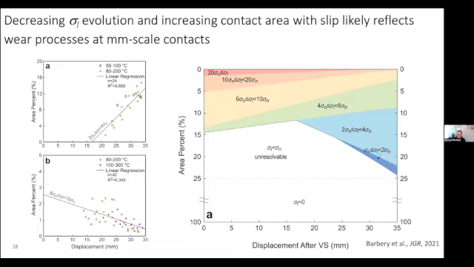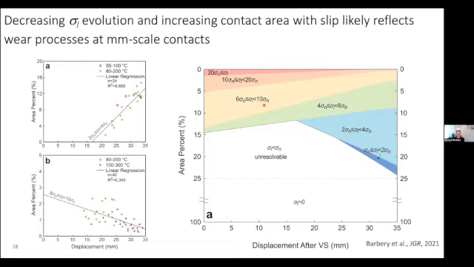And we're getting more and more low stress contacts and fewer high stress contacts at the end of sliding. And this really, we think, is reflecting wear processes that are happening on the contact surface. These high stress contacts get worn down, new low stress contacts adjacent to them come into contact. And so it suggests that wear processes are going to be important.